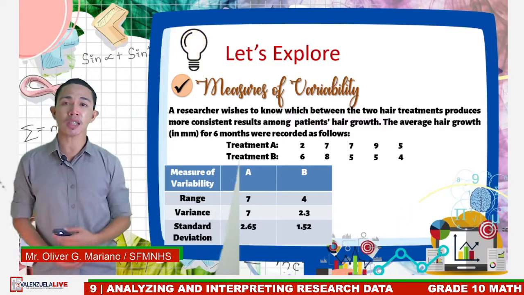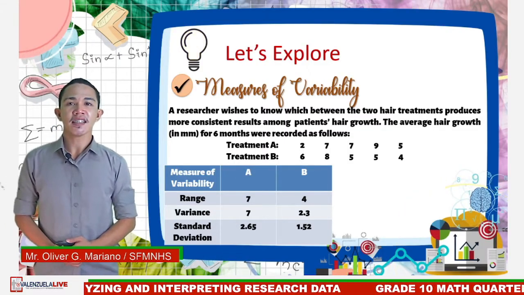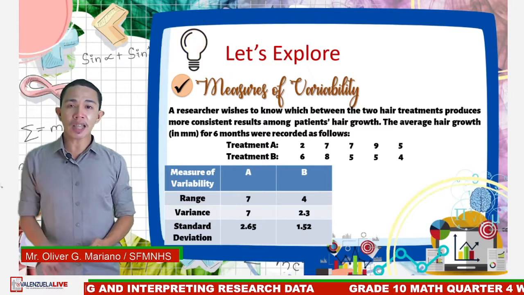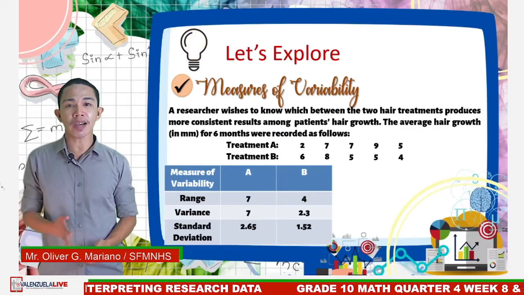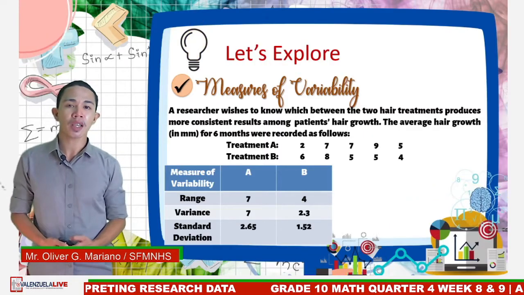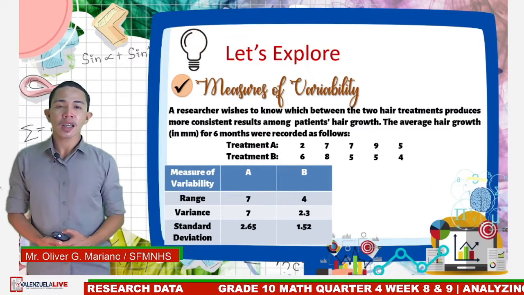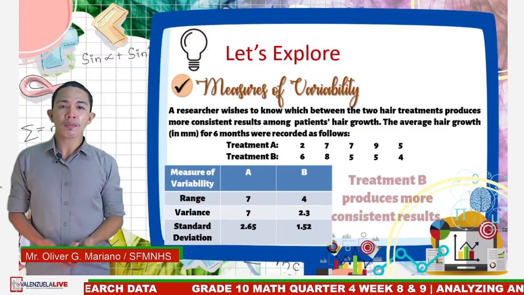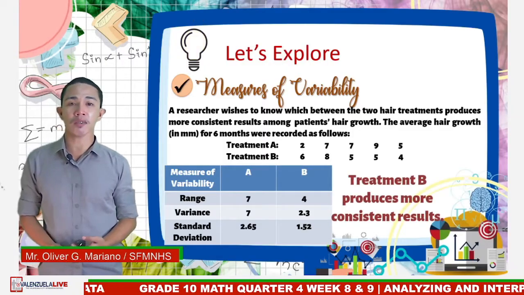What do you notice on the values that we obtained? Great. All the values for treatment B are less than the corresponding values for treatment A. Meaning to say, treatment B produces more consistent results.